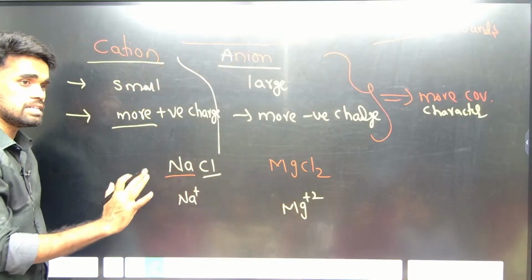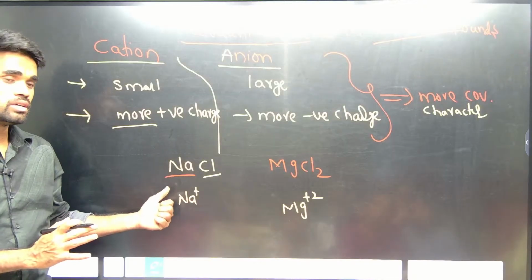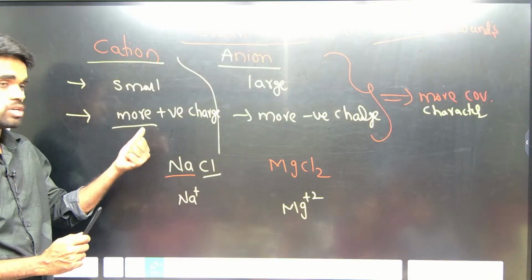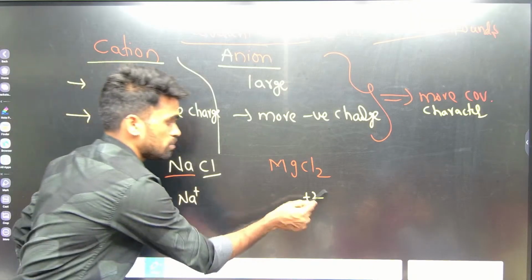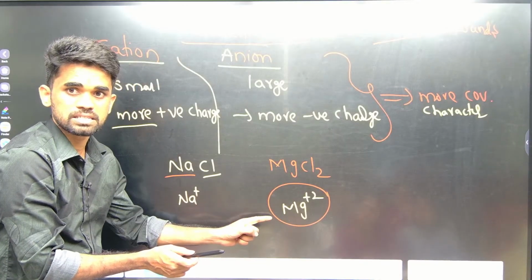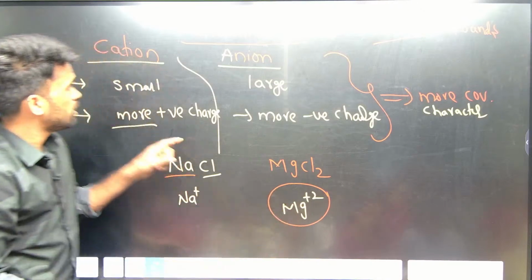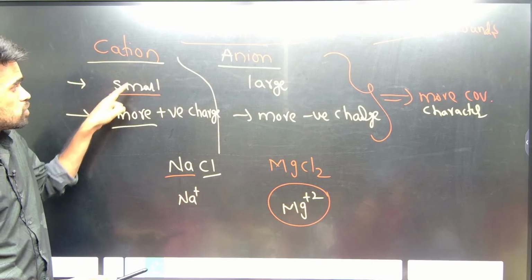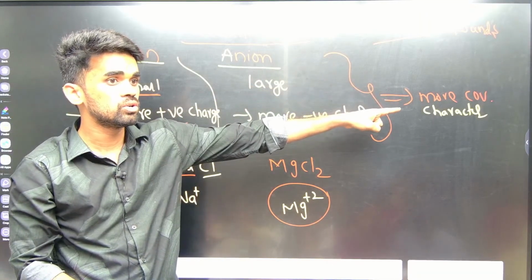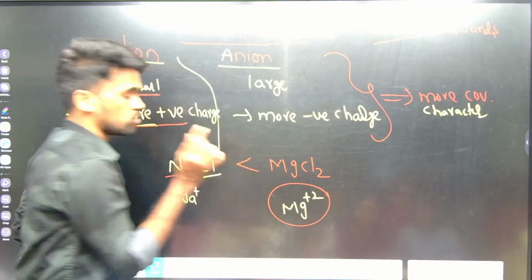So we cannot answer with respect to the anion, but we can with respect to the cation, which has the smaller size or more positive charge. Magnesium has more charge, like isoelectronic species, so it has a small size. If the cation has a small size or more positive charge, then the resulting compound will have more covalent character. So out of these two, which is more covalent? This will be more covalent.